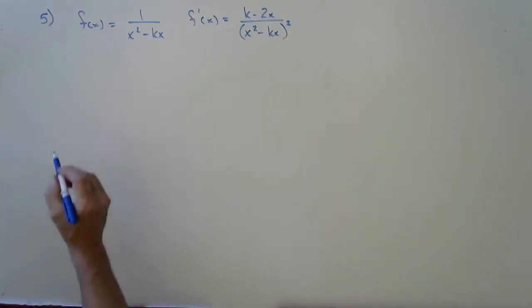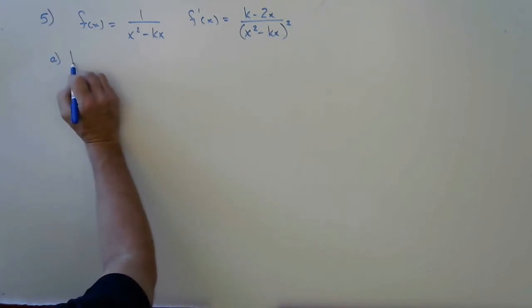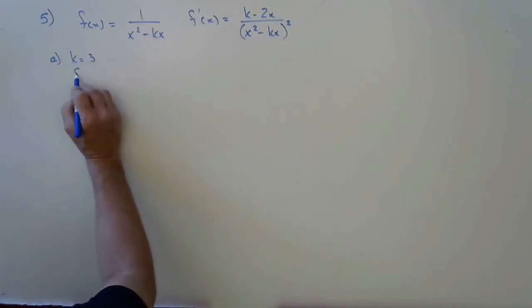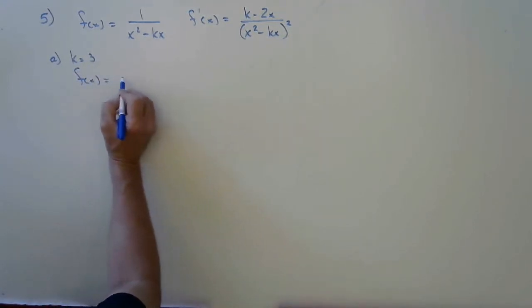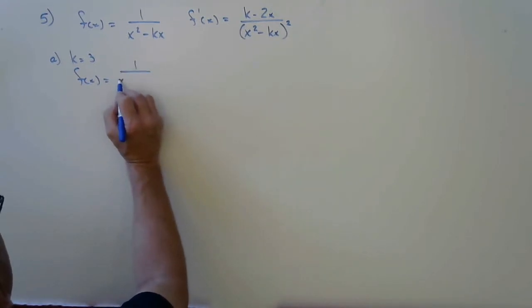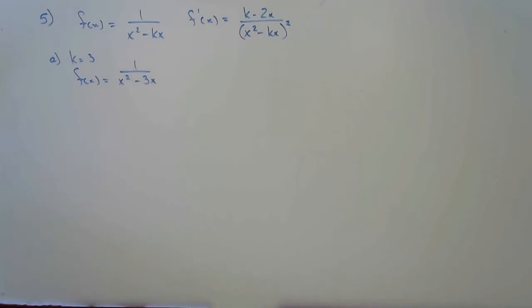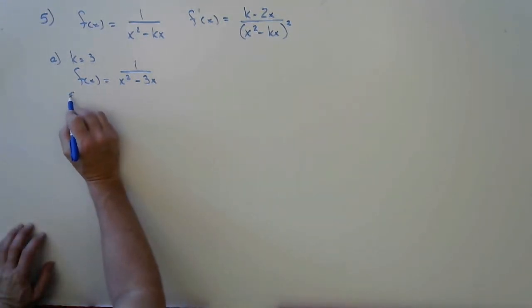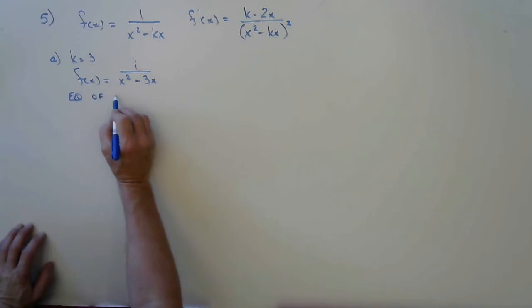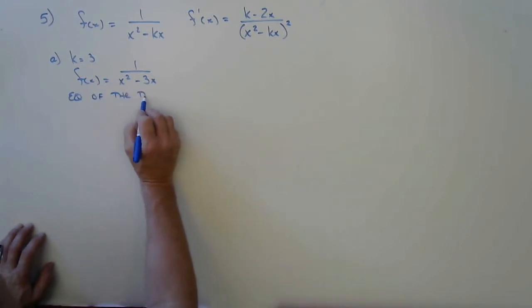In part A, it says, let k equal 3. So our function becomes f of x equals 1 over x squared minus 3x. And it says, write the equation for the line tangent to the graph at the point whose x-coordinate is 4.